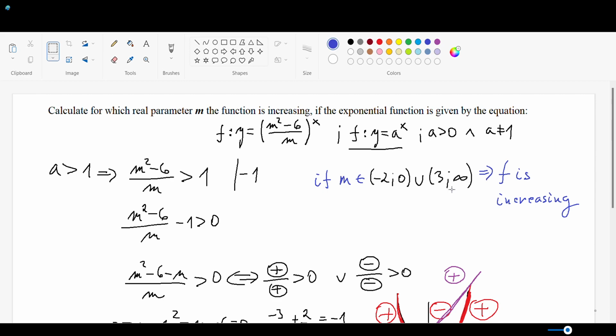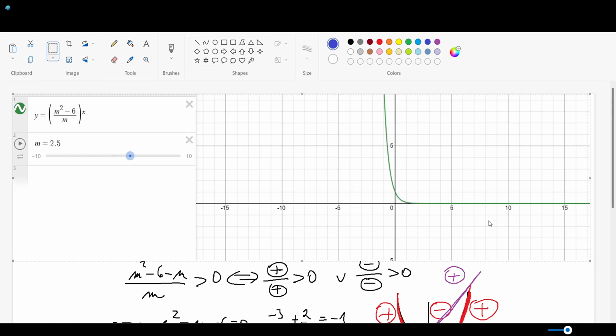Let me show you if m would be 2.5, that the function is really decreasing, and the graph of the function will look like this. This is again a print screen from Desmos. As you can see here, m is set to 2.5, and the graph has this shape, and it is really decreasing.